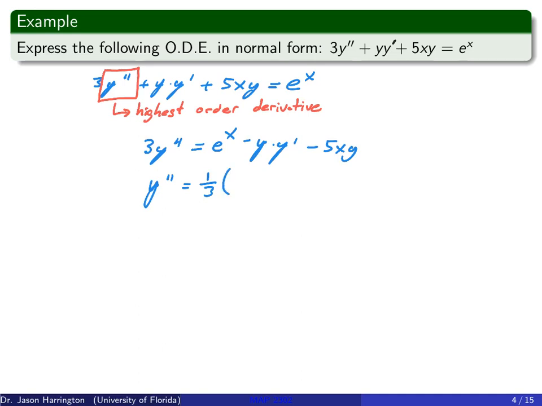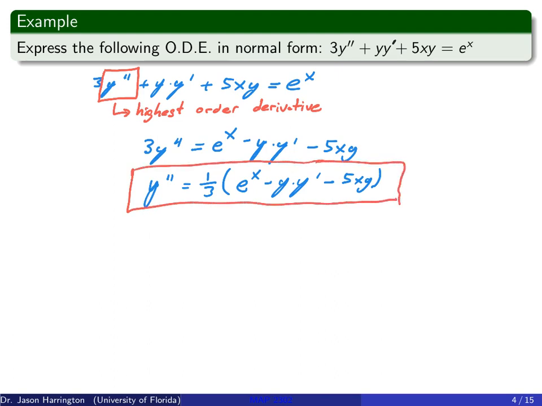I'm going to have y double prime equals 1/3 of e to the x minus y times y prime minus 5xy. And this is what I call my normal form, because I have solved for the highest order derivative.